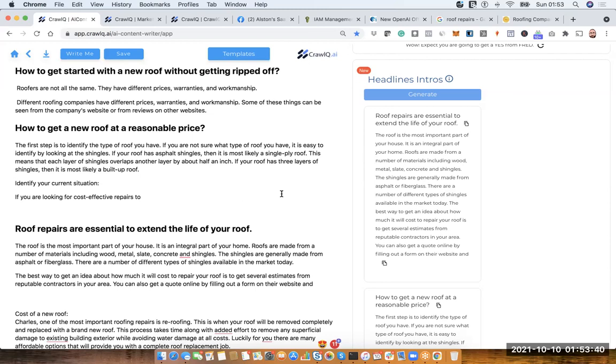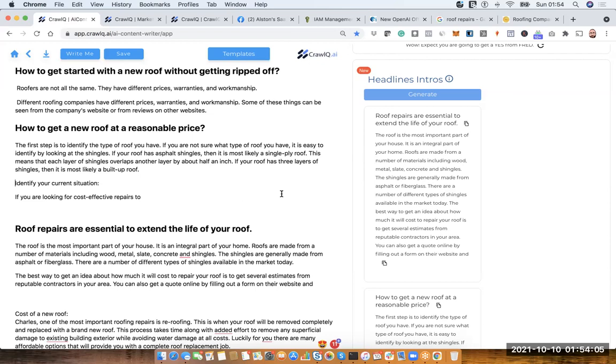Somebody will ask a question, and then you have to go through 4 paragraphs to get to the answer. Can I make money off of eBay? And then the first thing is, what is eBay? It's like, are you kidding me? I don't want you to tell me what eBay is. You just spent 3 paragraphs doing that, and you can tell it's an SEO article because it's got a lot of filler in there.